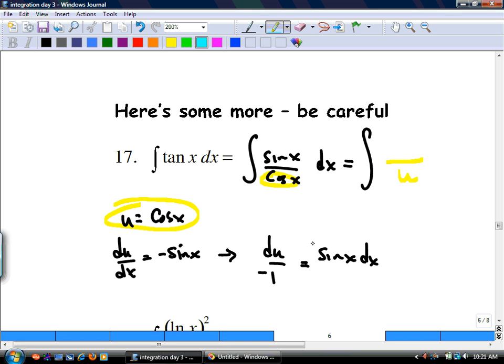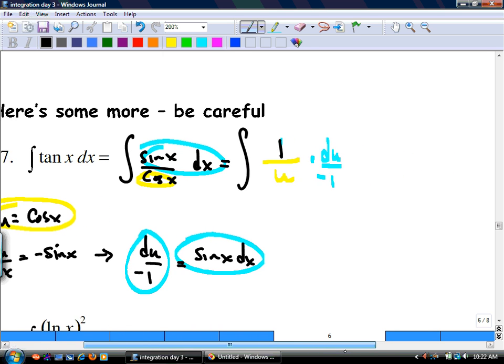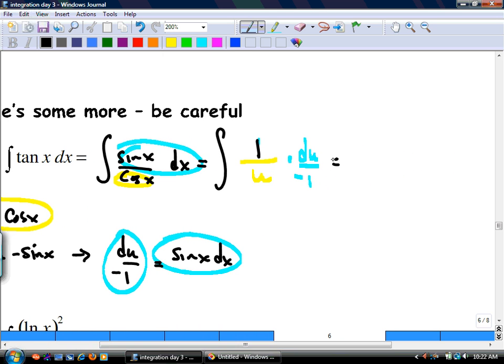This comes out, that comes in. You can always put a 1 on the top. And the antiderivative of 1 over u is?